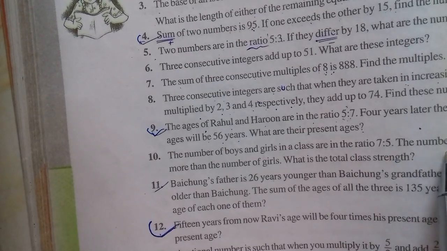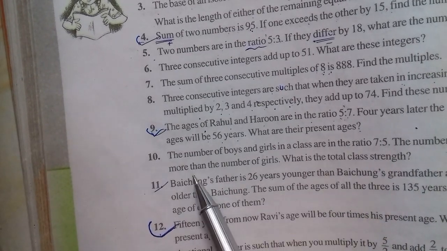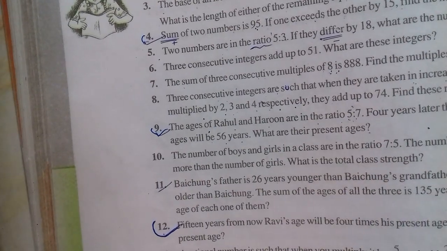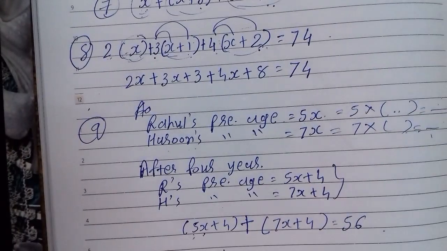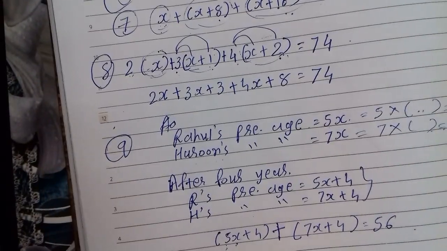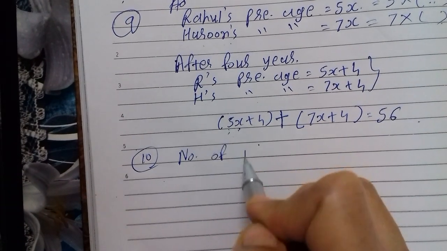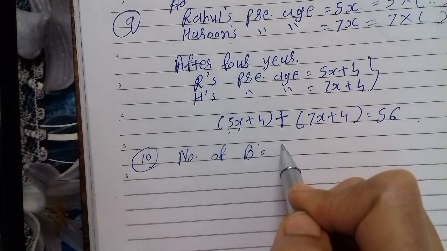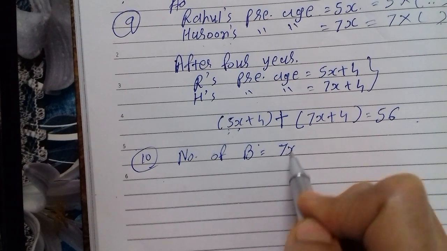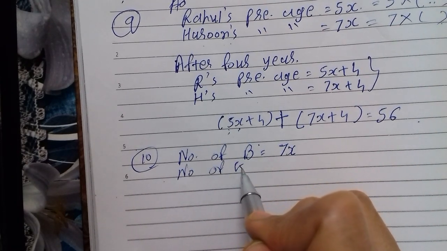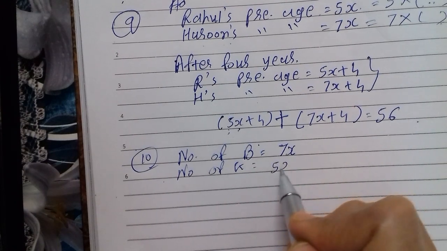According to the question, the number of boys is 8 more. So the number of boys is 7x and the number of girls is 5x.